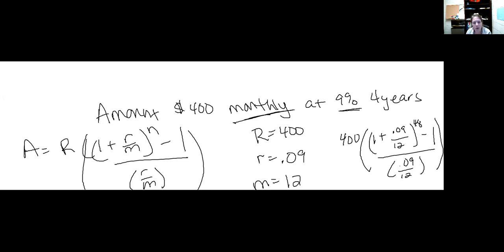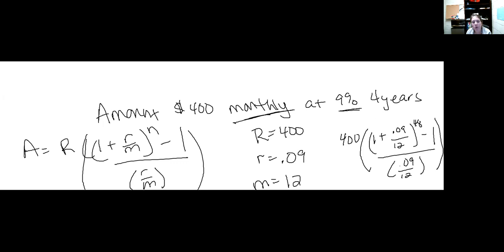So we're going to do our parentheses, and I'm going to do 0.09 divided by 12 first. Okay, that gives us 0.0075. Then we add the 1 to it, so that's 1.0075.